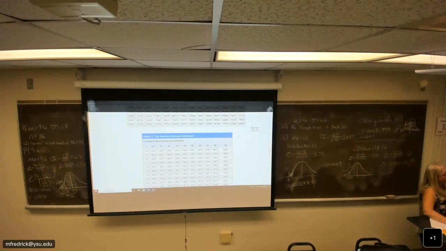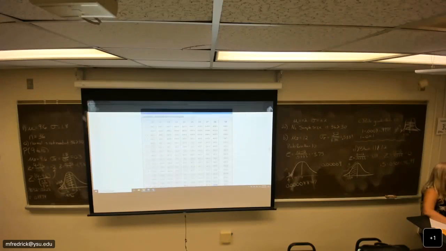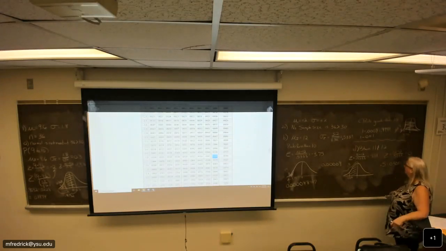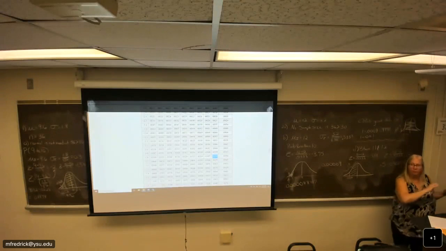This helps a little. So this would be negative 3.40, negative 3.41. So this is giving you the second decimal place. It's just once you go down too far, it doesn't show there. Any questions on that one?